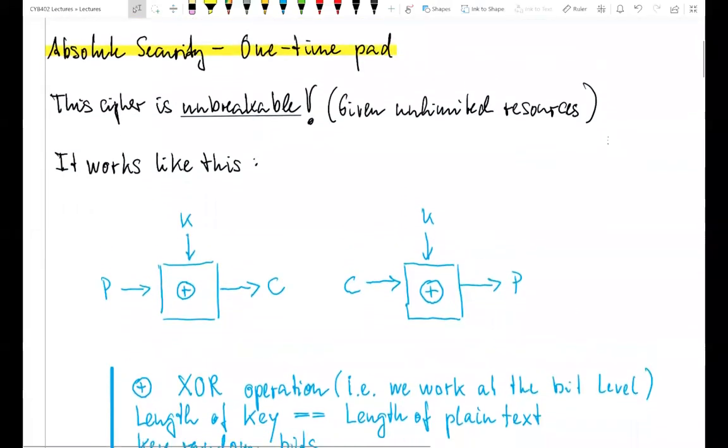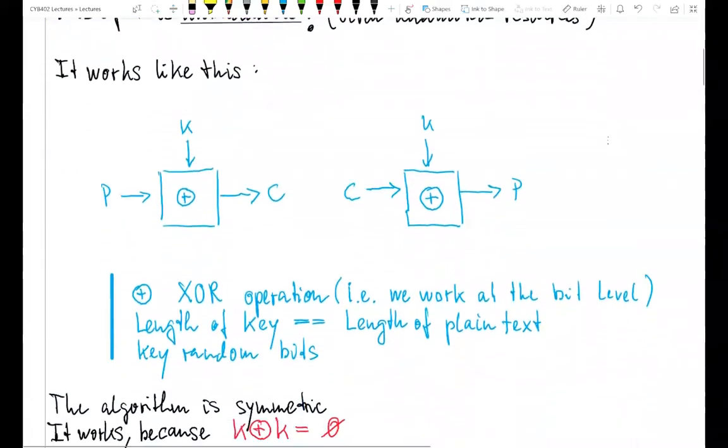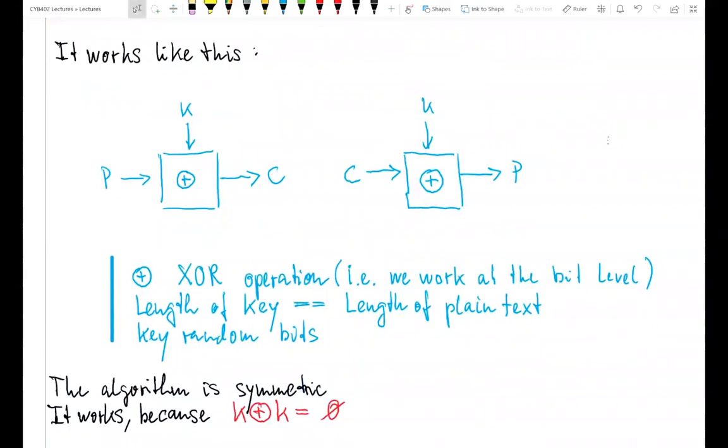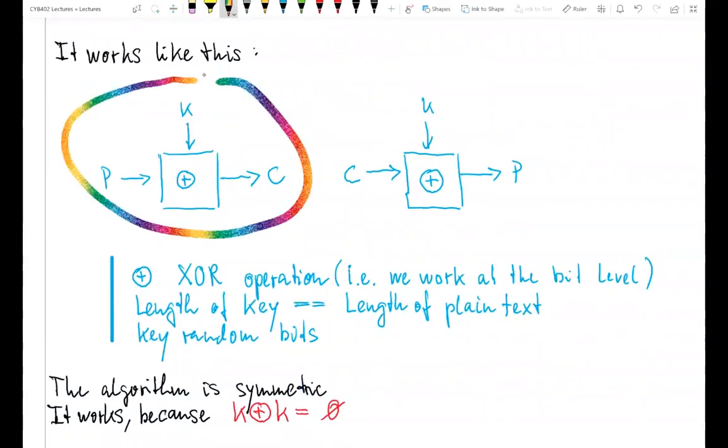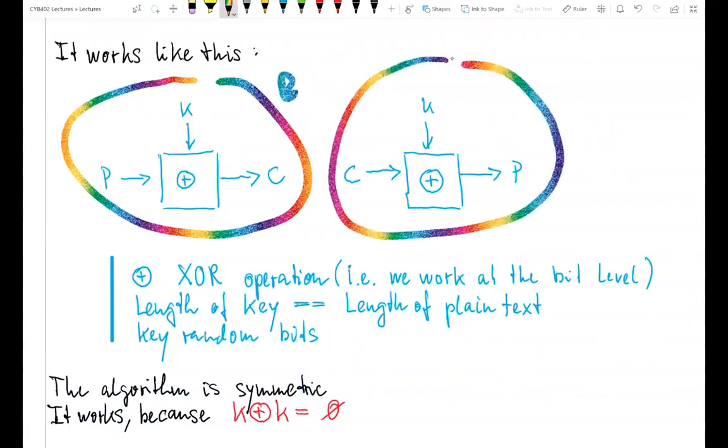So the one-time pad works like this. This here is the encryption side, the E part of the cipher. This is the D part of the cipher.